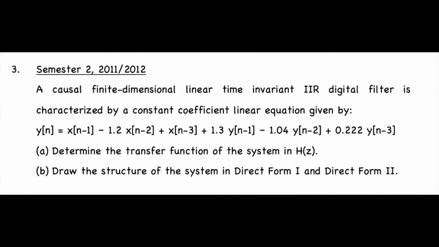So the first question: determine the transfer function of the system. That means you need to find your H(z). As I did mention earlier, what you have to do first is do the z transform for each component.